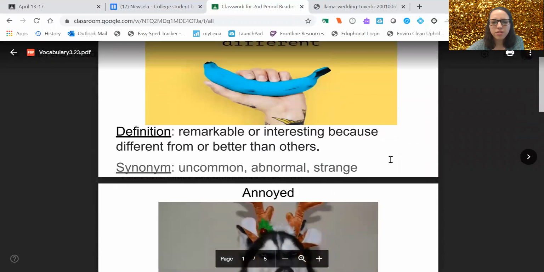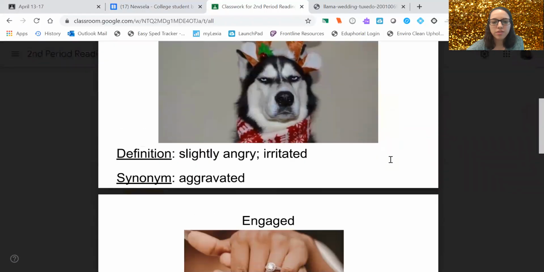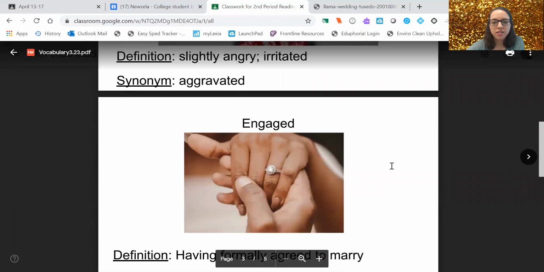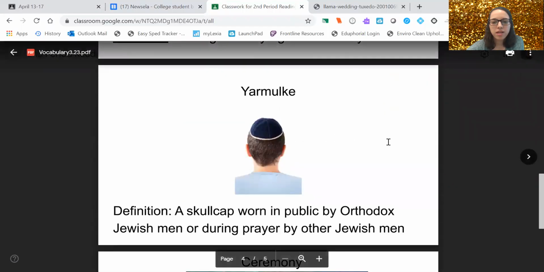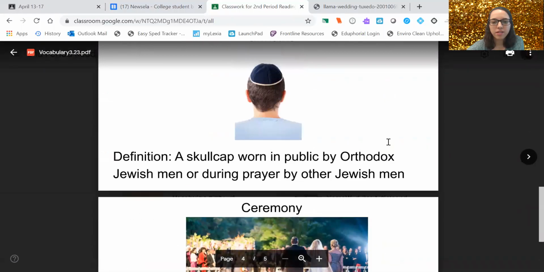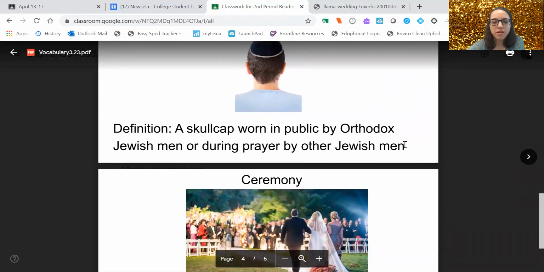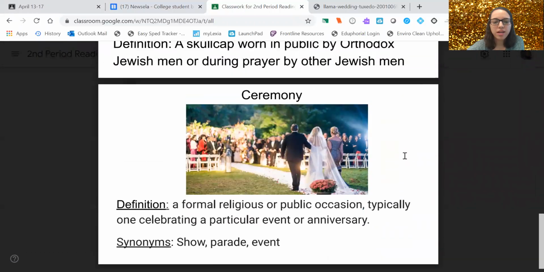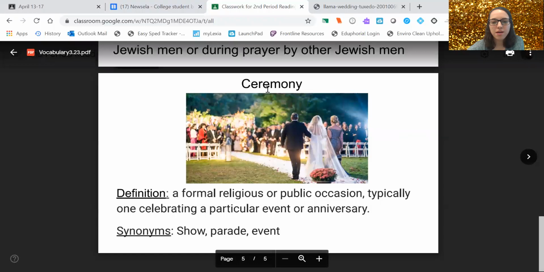There are only a few. I think I only put 5 on there. By the way, there's the vocab word, the picture, and the definition to go along with it.